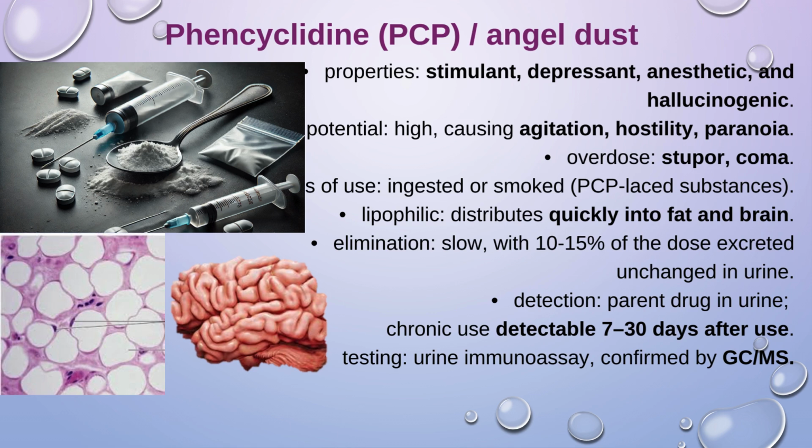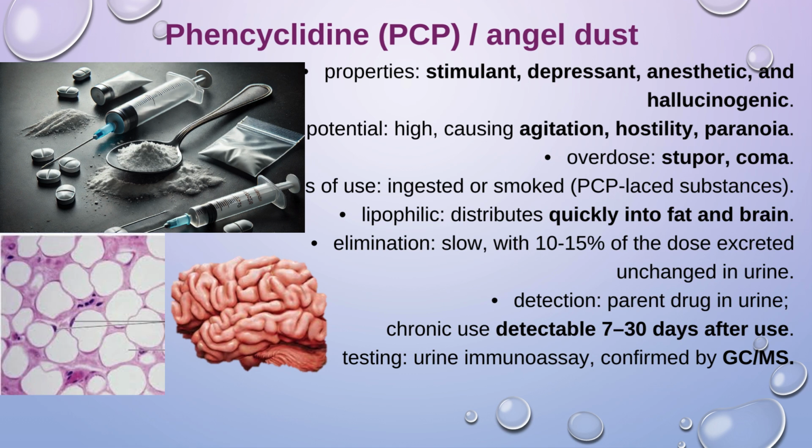And then what else? Similar to most of the drugs of abuse, they will distribute into the fat or adipose tissues and in the brain. So always remember, guys, if it readily accumulates or distributes into the adipose tissue, the elimination will be slow. And this one is even unchanged in the urine.